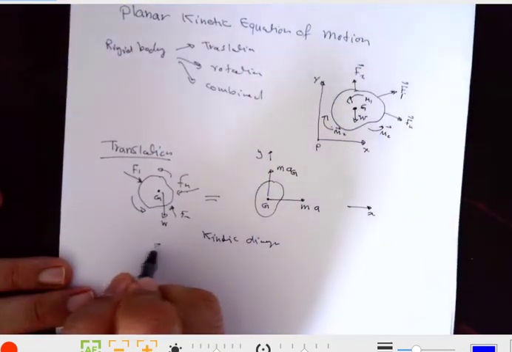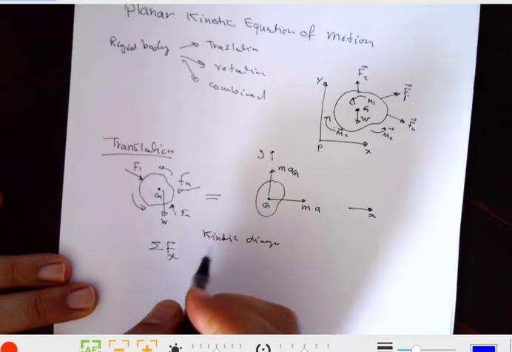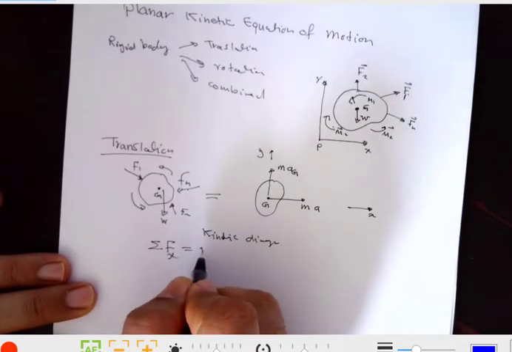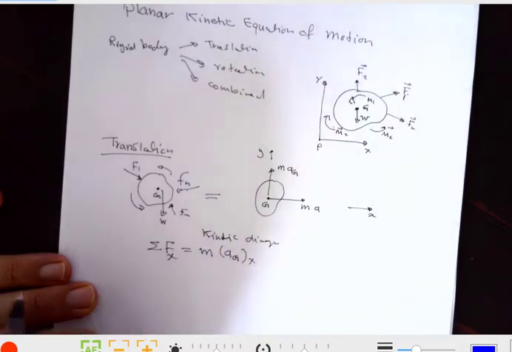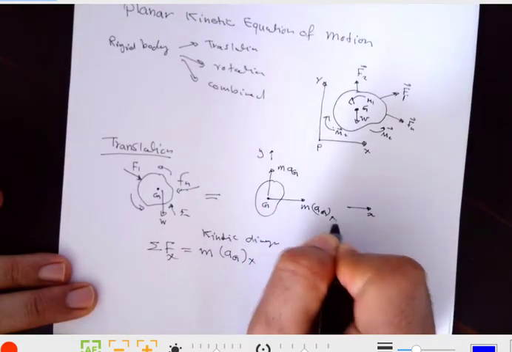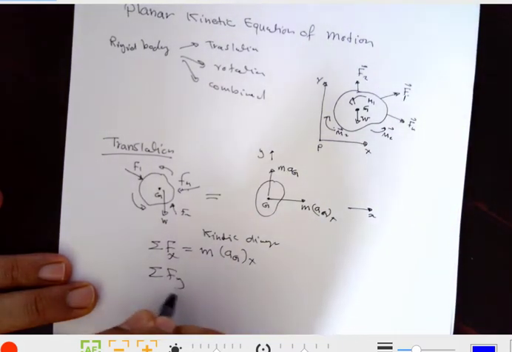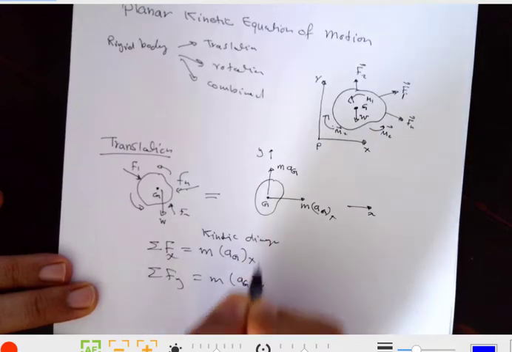So the summation of forces in X is equal to mass times a_Gx, and the summation of forces in Y is equal to mass times a_Gy. This is a_Gy.